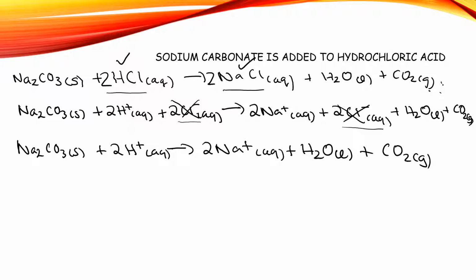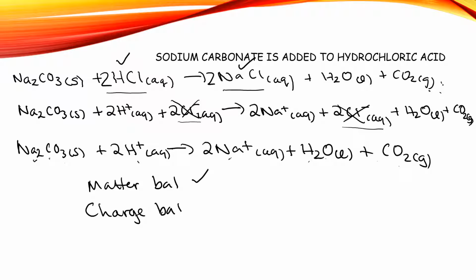Okay, last step. We need to check that our matter is balanced. So we've got 2 sodiums here, 2 sodiums here, 1 carbon, 2 hydrogens, 3 oxygens, 1 plus 2 is 3. So our matter is balanced. Now we need to see if the charge is balanced.